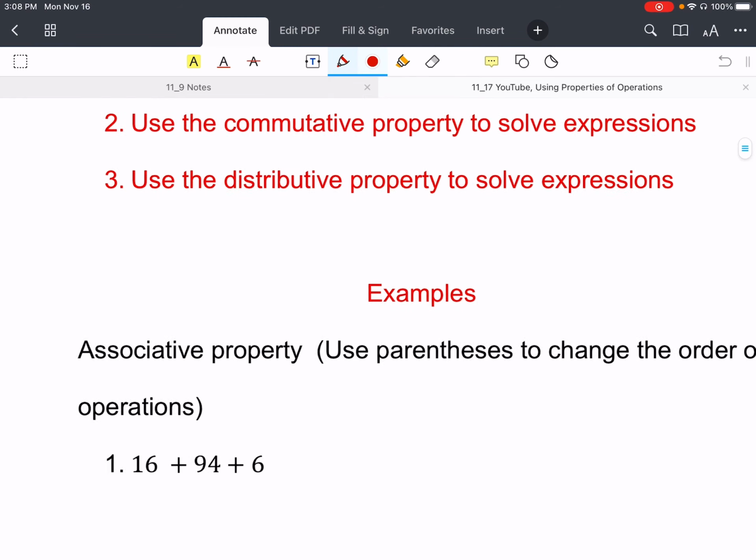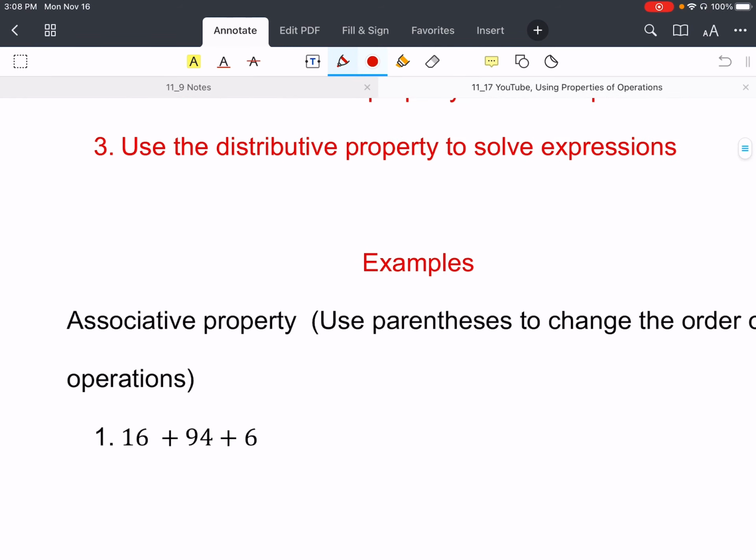So for this problem, and I made these pretty simple, so it probably won't make too big of a difference on how to solve them, but I want you to use the properties. So we have 16 plus 94 plus 6. And I know that's pretty simple, but I want to make my life even easier, and I am going to put parentheses around the 94 plus 6.